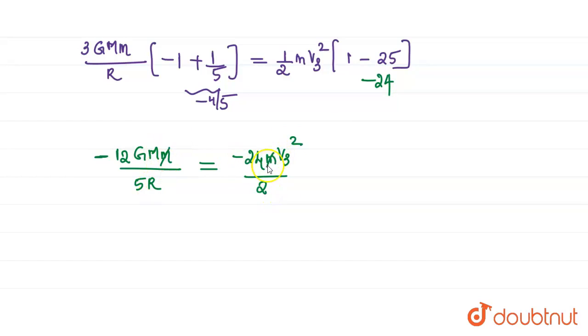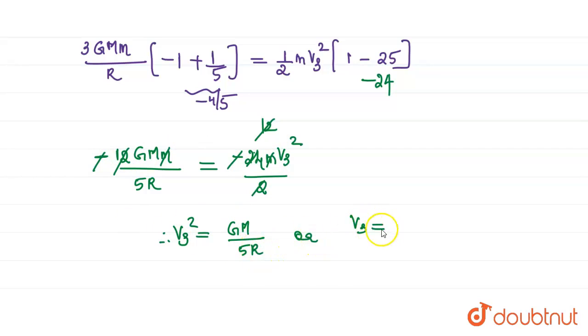Here m cancelled, negative sign cancelled. What is 24 by 2? It is 12, then 12 cancels. Therefore, v3 square is equal to GM divided by 5r, or v3 is equal to root of GM by 5r.